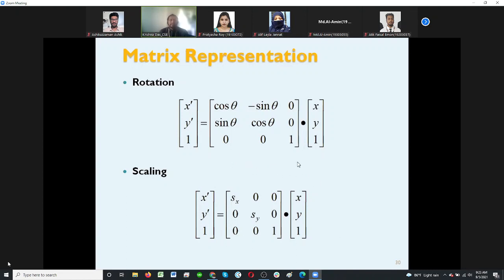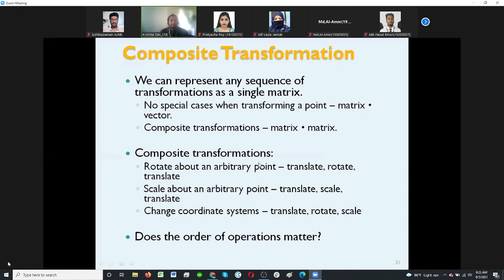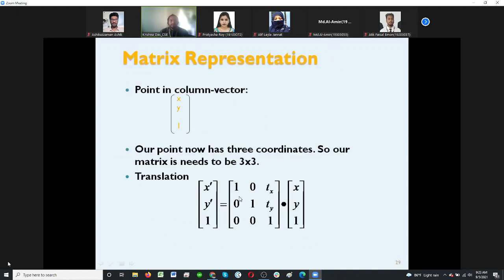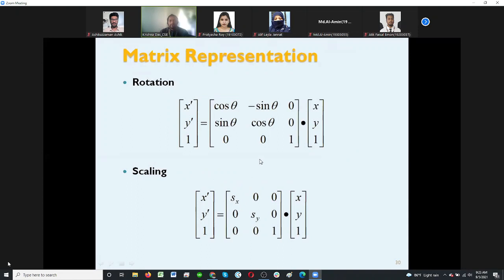Now, whenever we are thinking about an individual function, in real life the individual function does not happen. It happens in a combined approach, like rotation, then maybe translation, then maybe rotation again. Like this it happens.